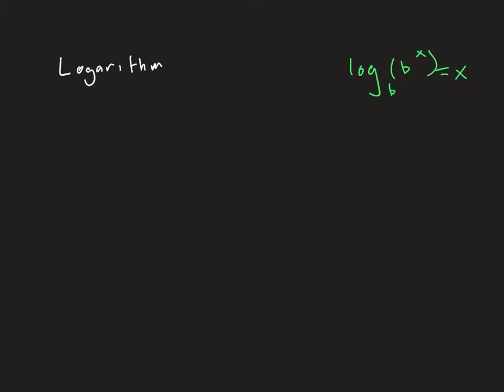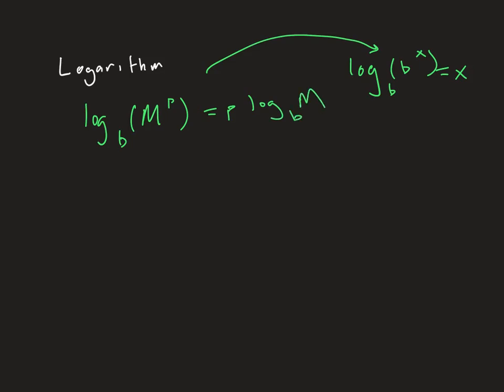This property is if you have log base b of m to the p, that right here is actually a special case where b equals m. Here, we can prove that it equals p times log base b of m. So what happened? Well, this p that was in the exponent inside of our log just came to the front.